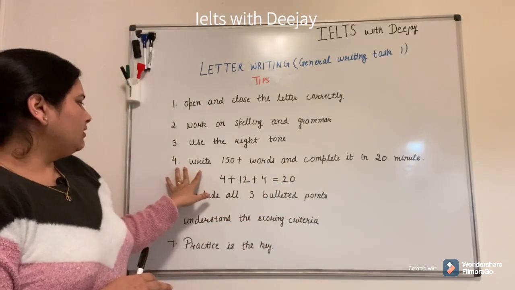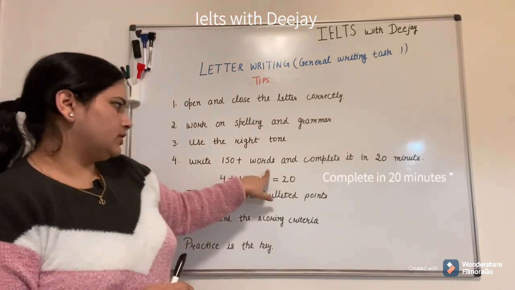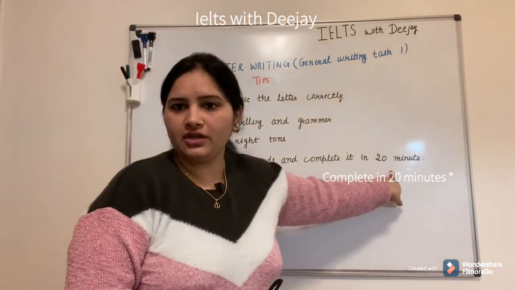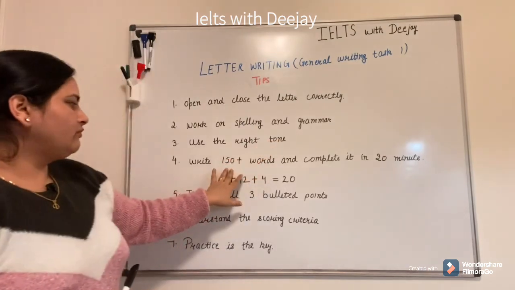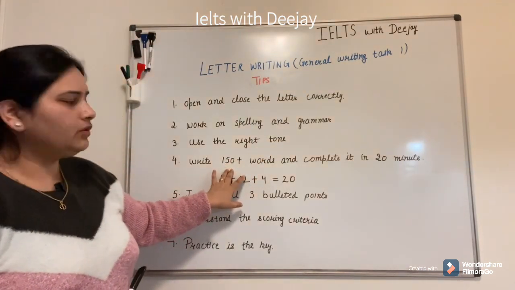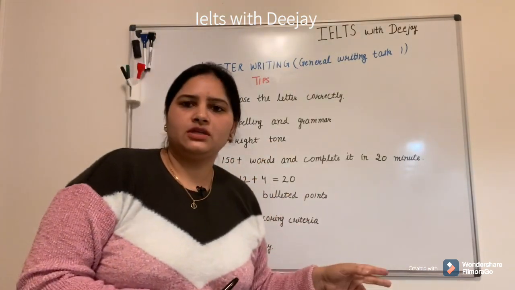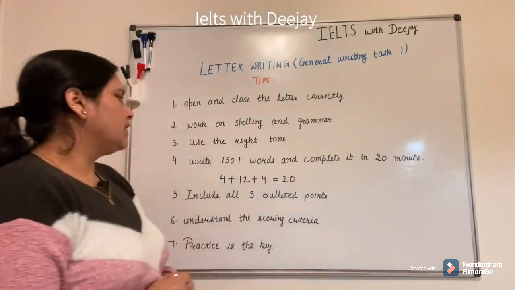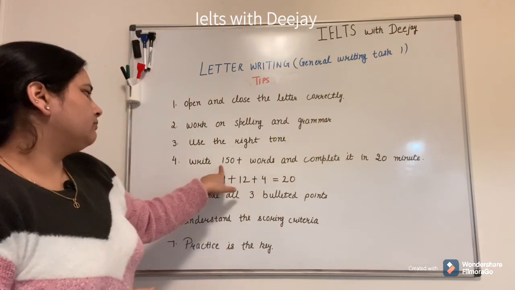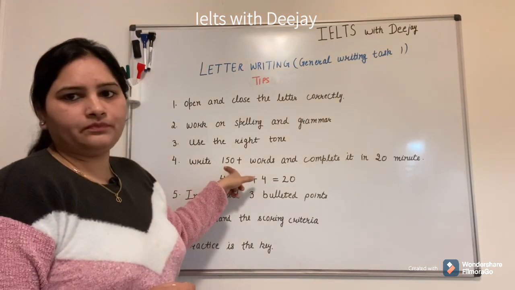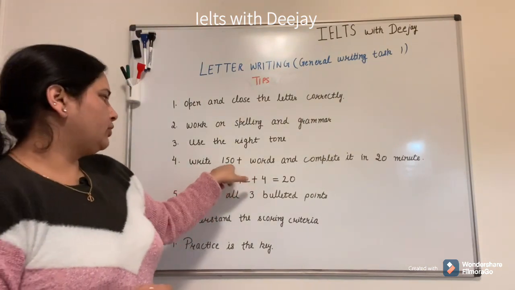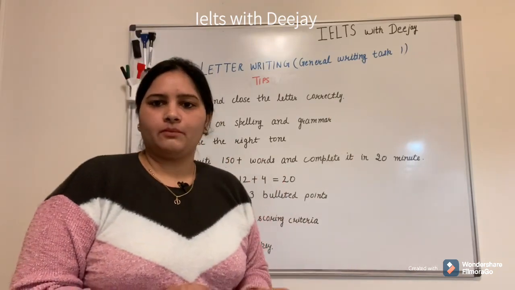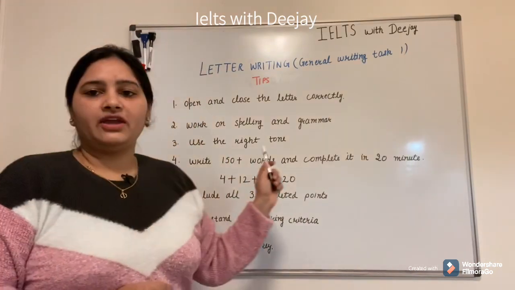Then we have to write 150 plus words and complete it in 20 minutes. 150 is the minimum word count, but you should write 170 to 180 words. That is appropriate, because if you write less than 150, you will be penalized. But if you write more than 150, that is okay, but it is going to waste your time.